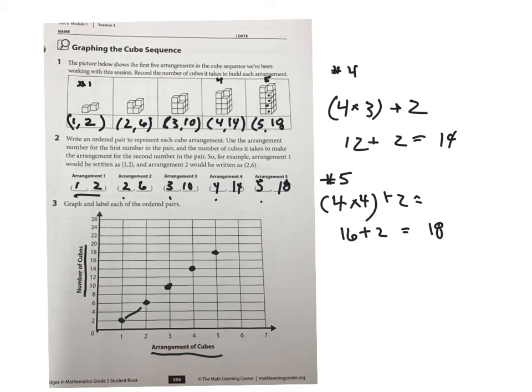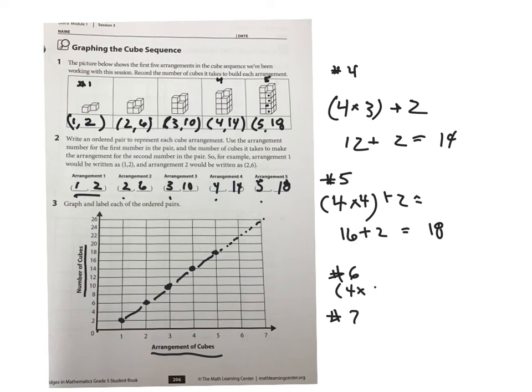And we start seeing a little bit of a pattern here, and our line is going in a very straight fashion. And we start to say to ourselves, well, what would the 6th arrangement look like? What would the 7th arrangement look like? And again, we've got that formula. There were 4 in a layer.